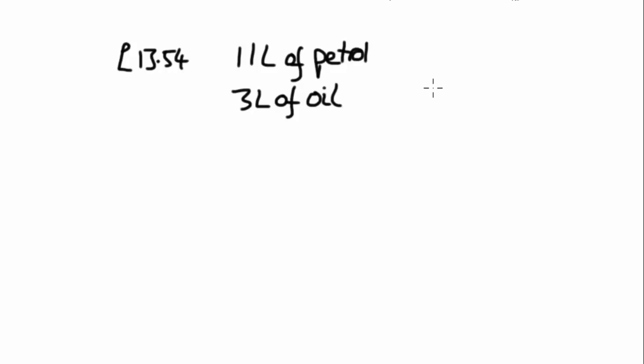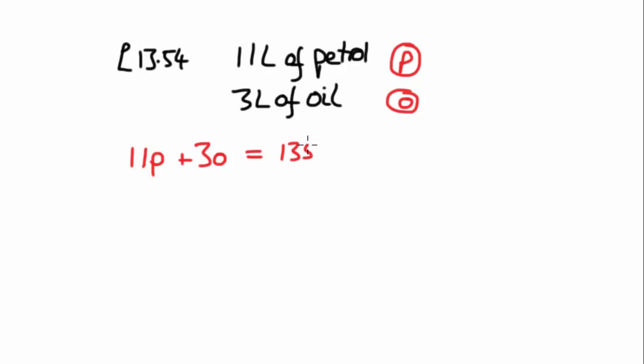We'll say petrol is represented by P, and O is representing oil. So we say 11 petrol plus 3 of oil, and that equals, we'll have it in pence, 1,354 pence.